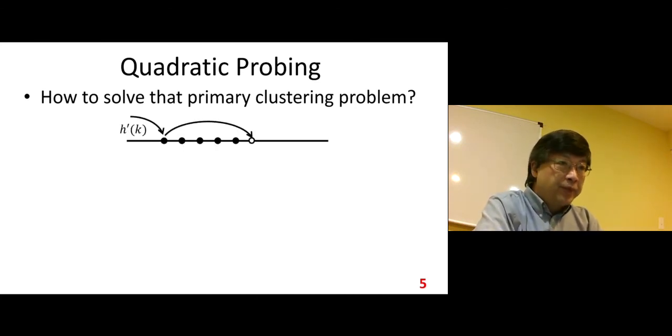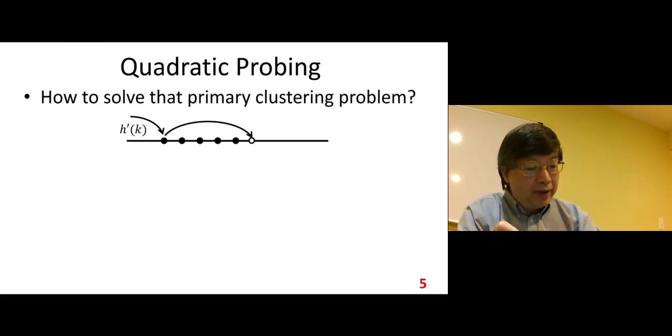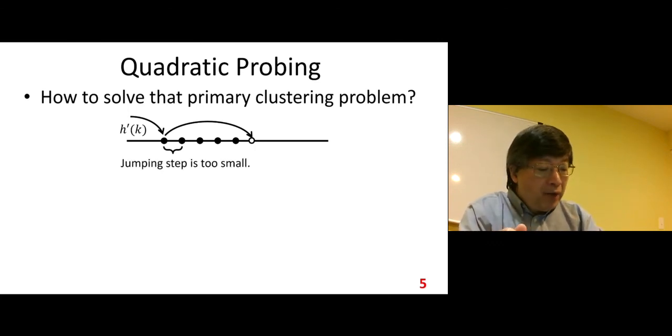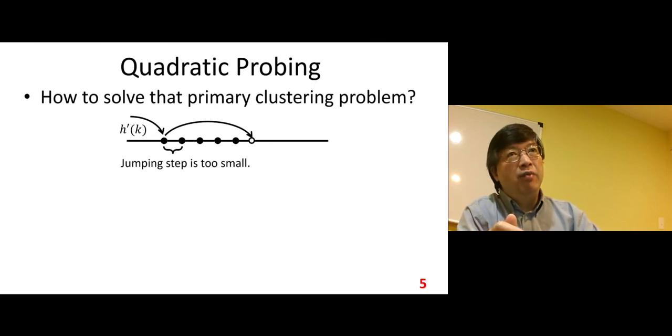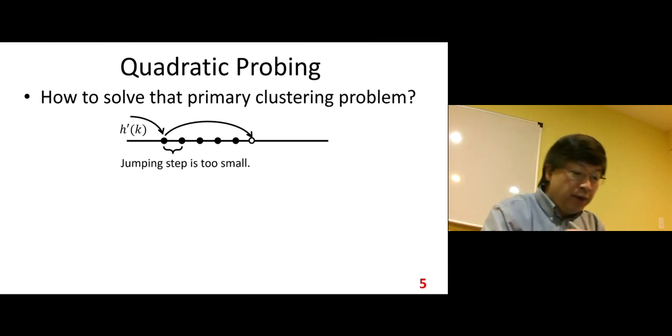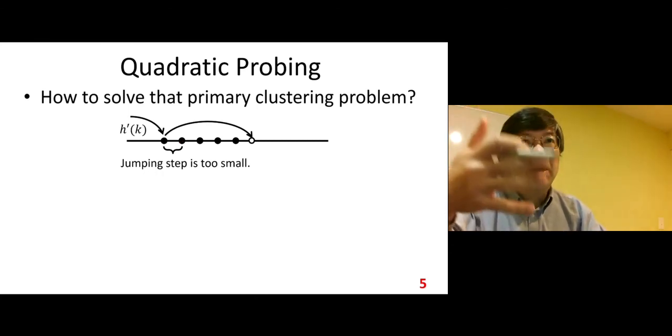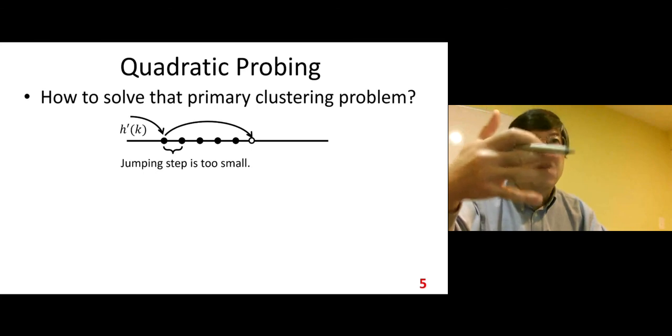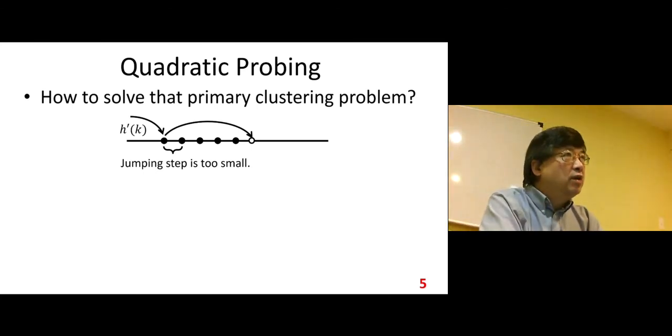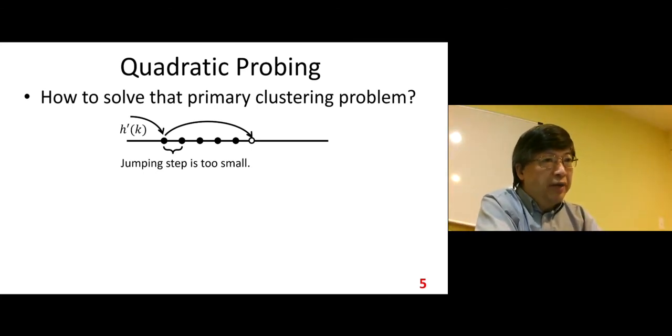Let's look at the diagram another time. The main reason the primary clustering problem is so bad in linear probing is that the jumping step is too small. Every time we just jump one step, going too slow. So a direct solution: can we increase the jumping step?